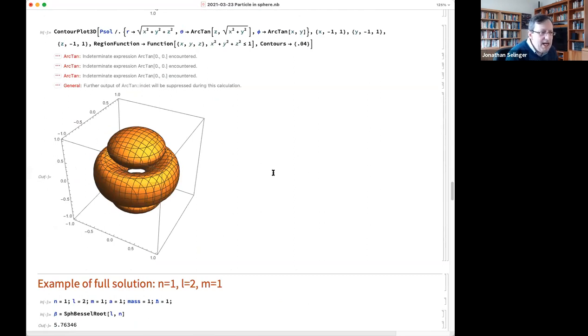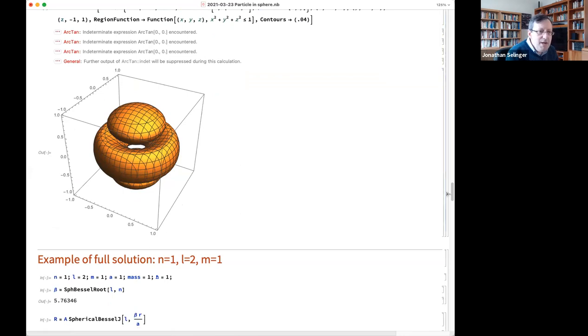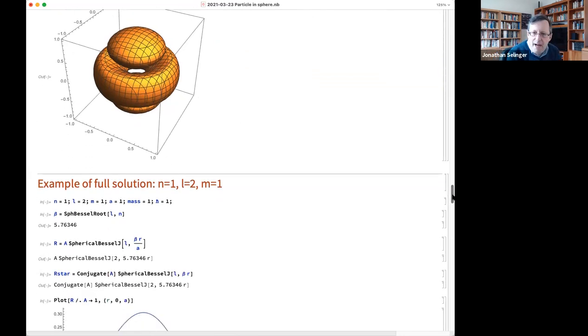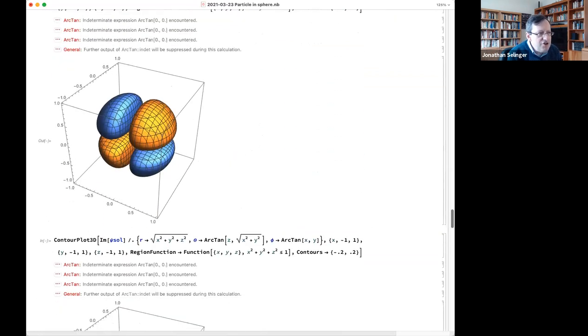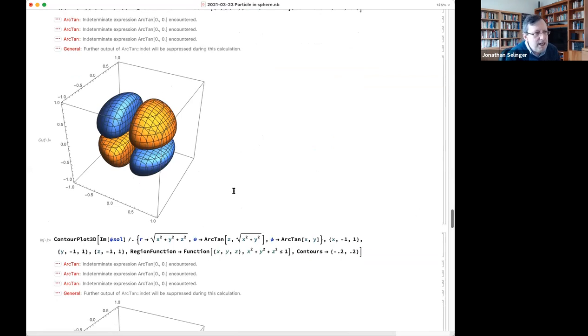And we can keep going, right? So this is an automatic way of generating solutions and seeing where the wave function is positive or negative real, or positive or negative imaginary, or where there's a big probability.